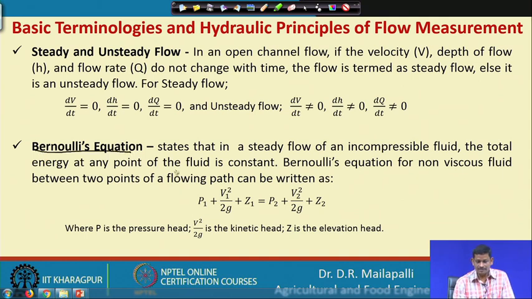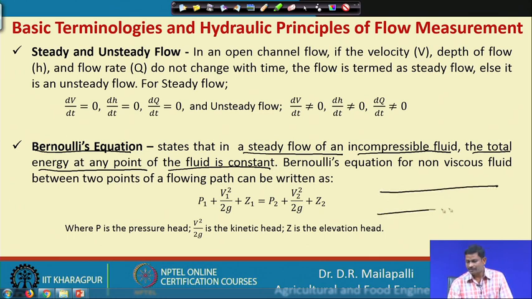Bernoulli's equation states that for a steady flow of an incompressible fluid, the total energy at any point of the fluid is constant. Suppose you have a fluid flowing through a conduit or any open channel. Let us say this is section 1 and section 2. The total energy at section 1 is equal to the total energy at section 2.